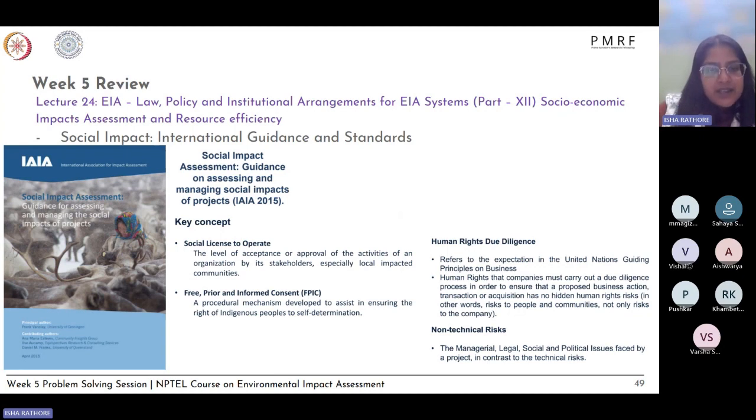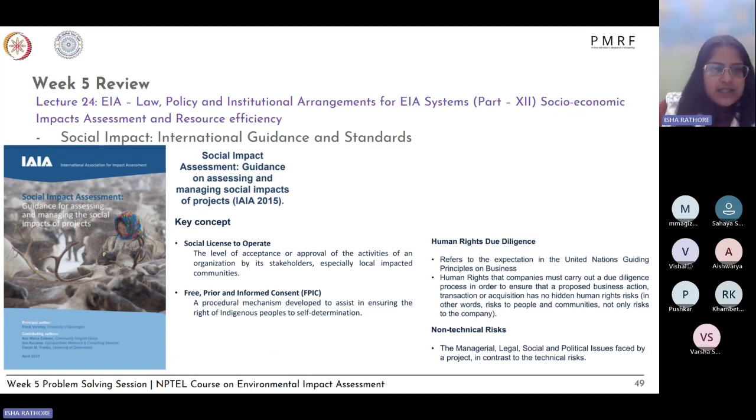Then there is free, prior, and informed consent, which is the mechanism developed to assist in ensuring the right of indigenous people to self-determination. We have human rights due diligence, that is, ensuring human rights are being met, and non-technical risks, which are the managerial, legal, social, and political issues faced by a project, in contrast to the technical risks in the development or construction of the project.